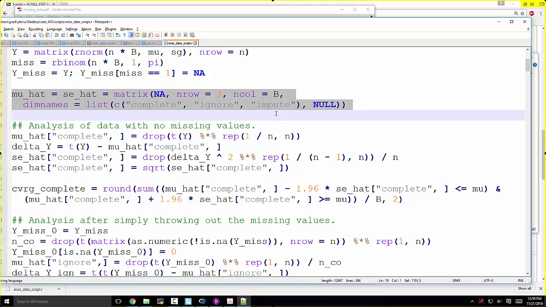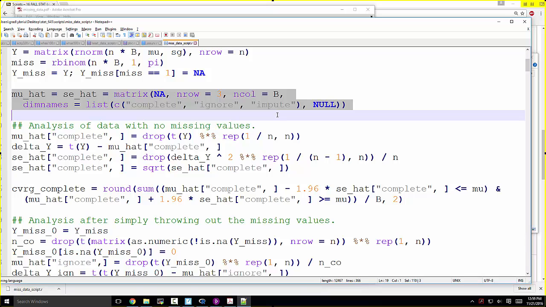And then the third way I'm going to do this is to replace the missing values with some sample statistic. If I want to do inference on my 50 attempted measurements and there are some missing values, one thing you might try to do is replace the missing values with the average of the complete values.